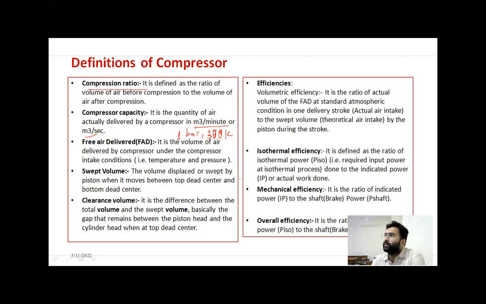Next is volumetric efficiency. What are the efficiencies we are going to calculate? First is volumetric efficiency. It is the ratio of the actual volume of FAD at standard atmospheric conditions in one delivery stroke to the swept volume. Standard atmospheric conditions means 1 bar and 300 Kelvin.